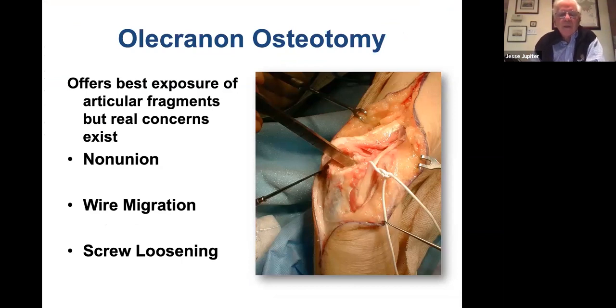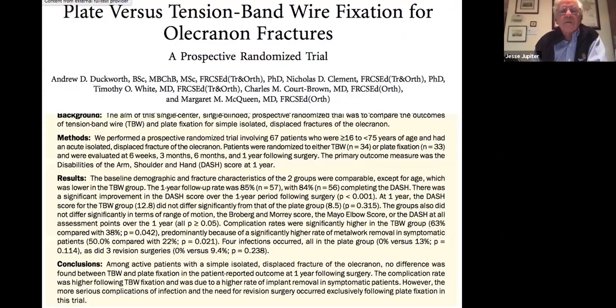And so I think that it's a good idea, but what's the problem is the following, as you see, non-union, wires and screws. This is a study that was out of Edinburgh, and basically they looked at their experience, not necessarily with osteotomy, but with plate versus tension band.